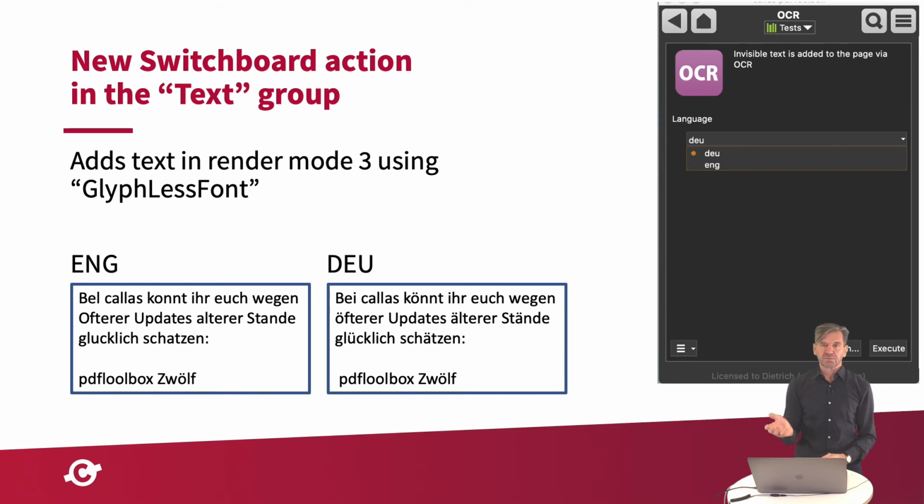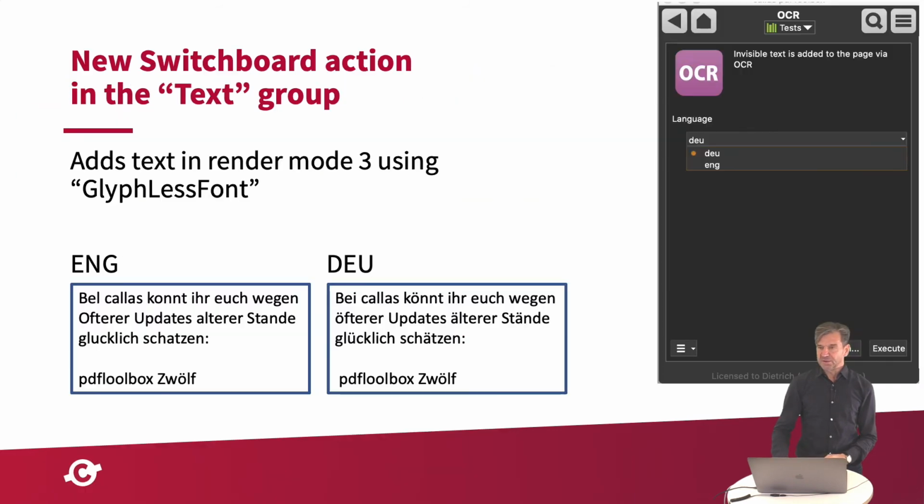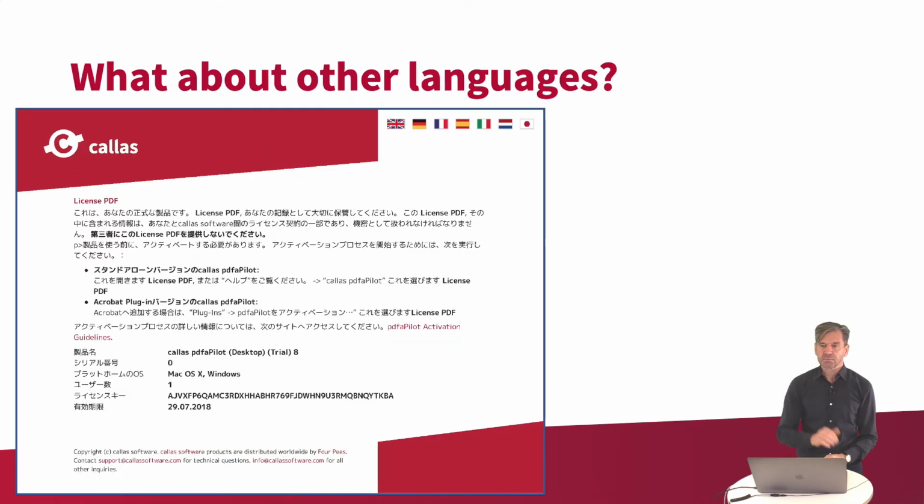And that brings me, and probably also you, to the next question. In the defaults, when you install pdfToolbox 12, you can only pick German or English, but you may want to OCR such text here, which only in some areas uses English, but most of it is actually Japanese.